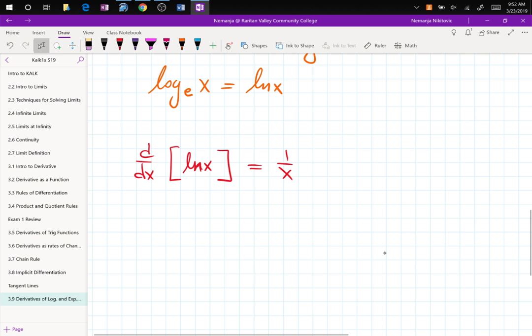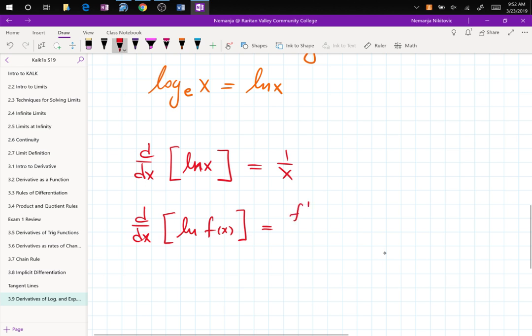But then again, you usually don't have just ln x. In most cases, you are going to have ln of some function. So ln of f of x. So ln of x squared, ln of sine x, ln of something else. And now the formula is, this f of x is called the argument.